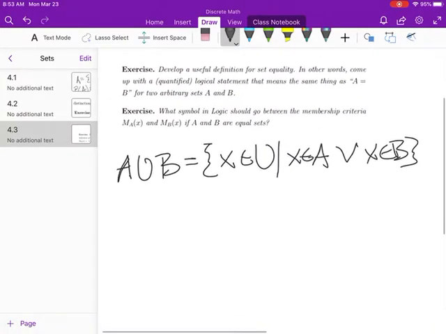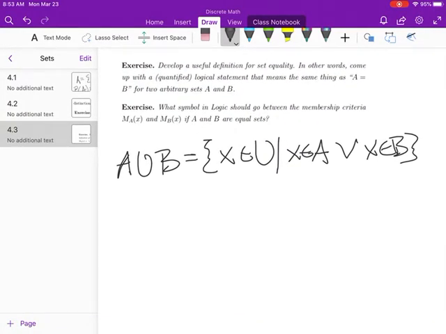So let's go to the next one. Develop a useful definition for set equality. This is very important because if we want to say two sets are equal, we want some quantified logical statement that means the same as A equals B for two arbitrary sets.